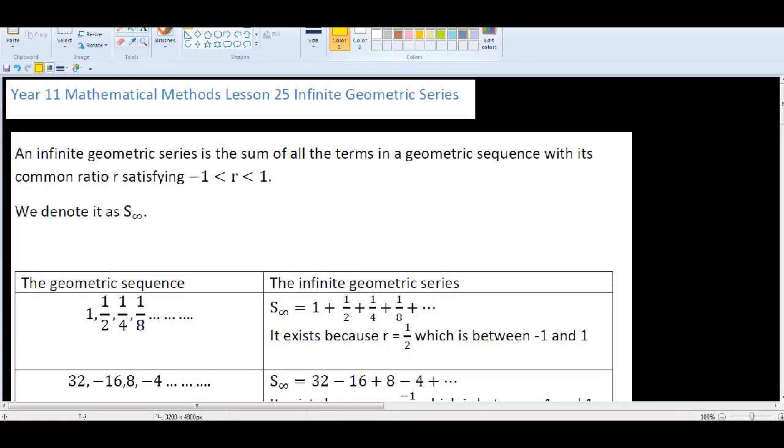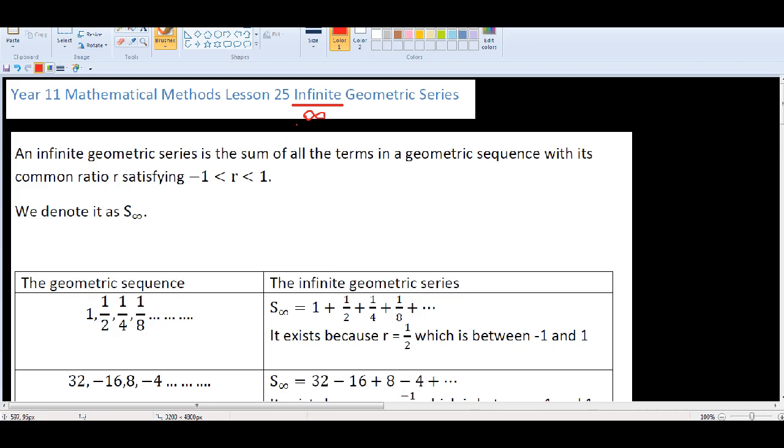The key word here is infinite. We use this symbol to refer to infinite. That means the numbers can go on forever and become infinitely big.